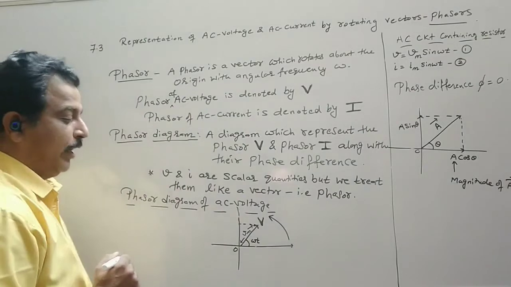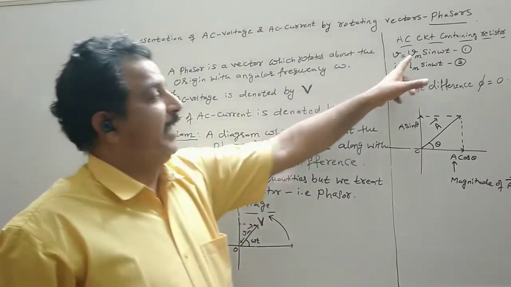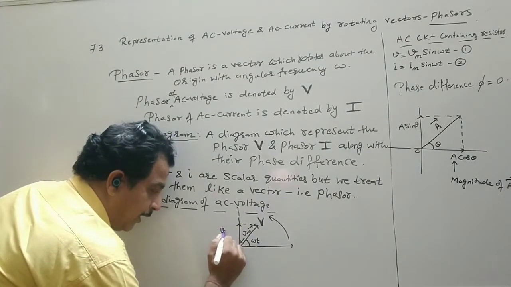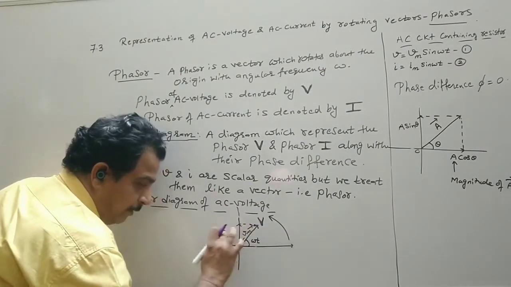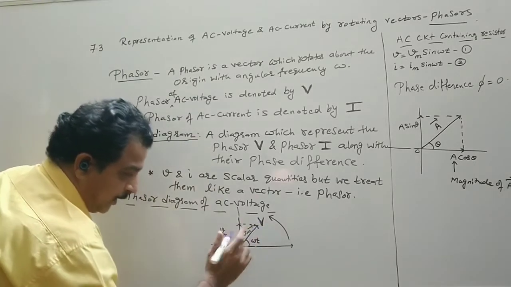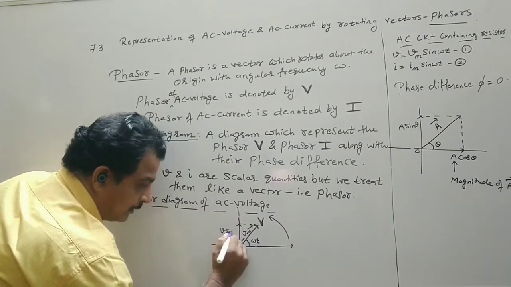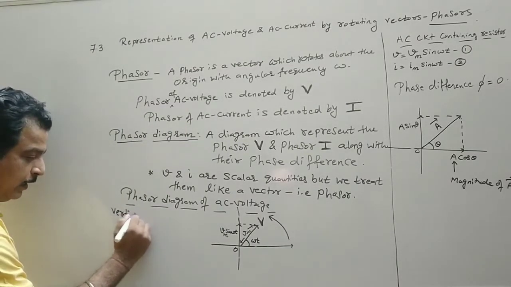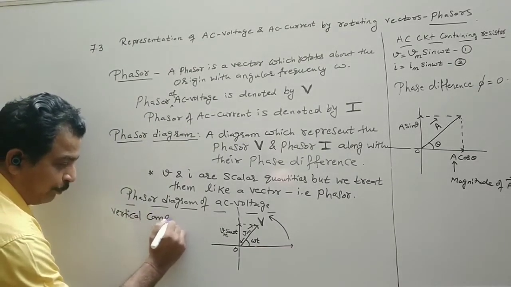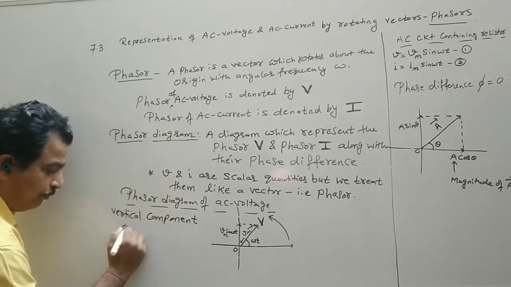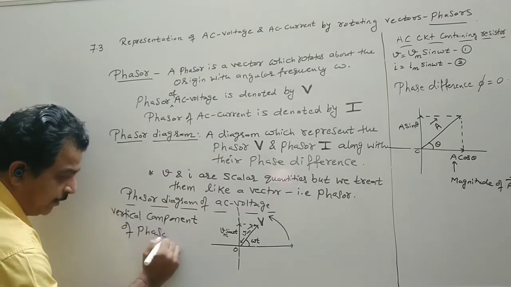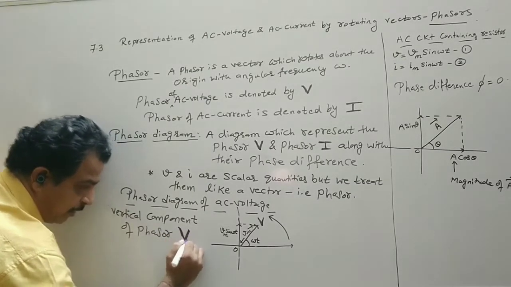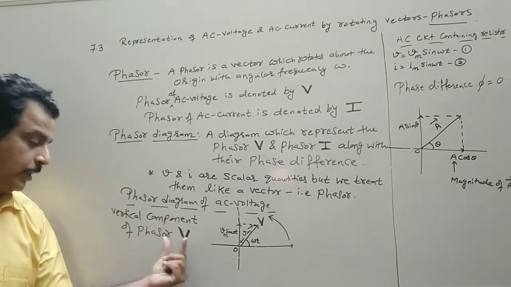If I want to find Vm sine omega t on the phasor diagram, we have only the vertical component, Vm sine omega t. So the vertical component of phasor V. Whenever we write phasor, we write it in a bold capital letter.